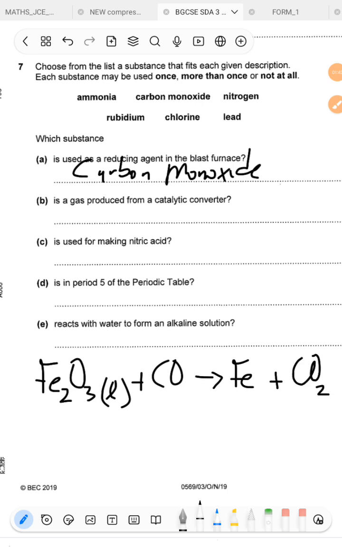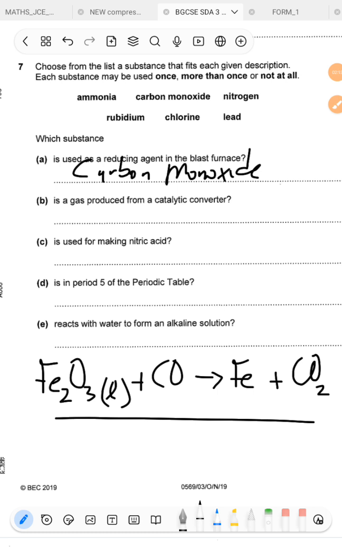So this is the equation for this reduction chemical reaction that happens in the blast furnace. And remember, for the definition of reduction and oxidation, you can use a definition based on the gaining and loss of oxygen. So in this scenario, you can analyze with both the gaining and the loss of oxygen.